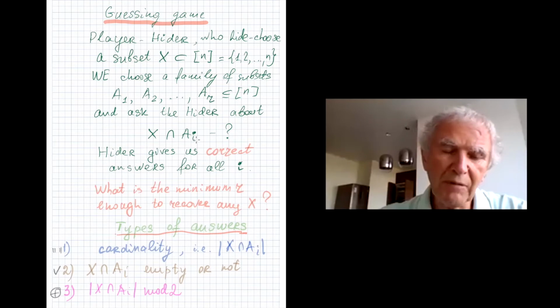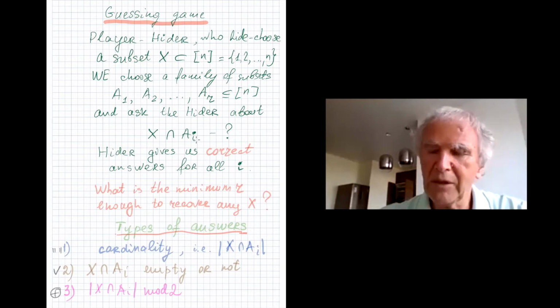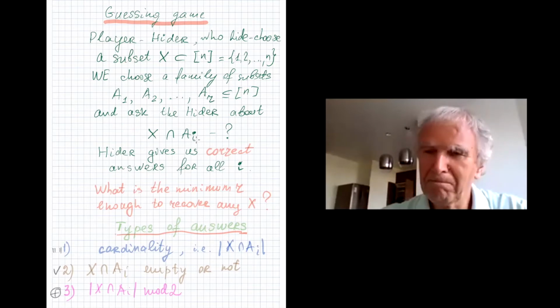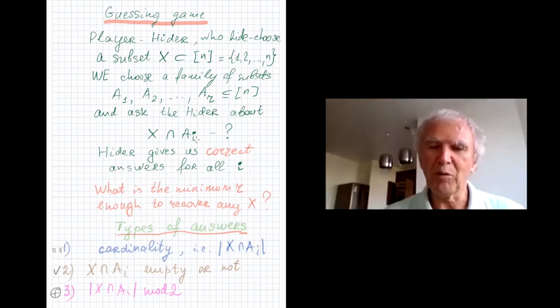And finally, something a bit strange: the same cardinality, but taken modulo 2. We see that options 2 and 3 provide us one bit of information. And of course, it is interesting to understand which of these two bits is, say, more informative.